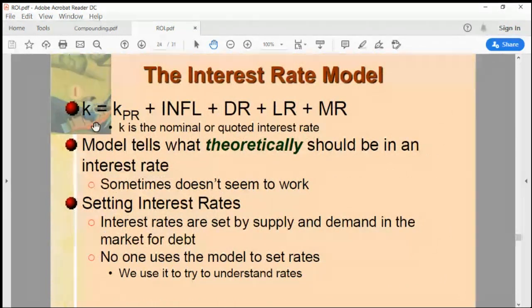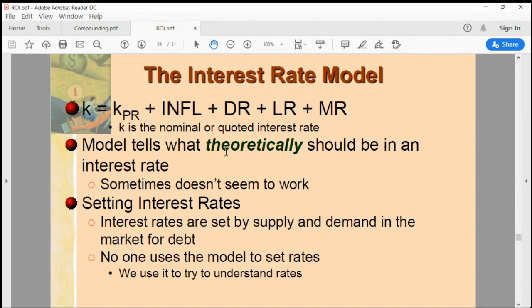So eventually and finally, we can set up a model for cost of capital, right? Cost of capital, which reflects all the risks involved in lending, and the cost involved in borrowing, right?